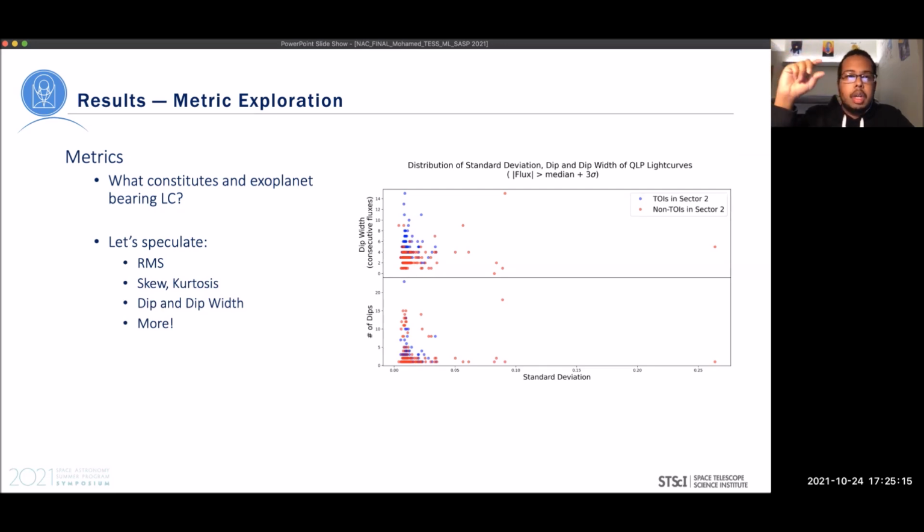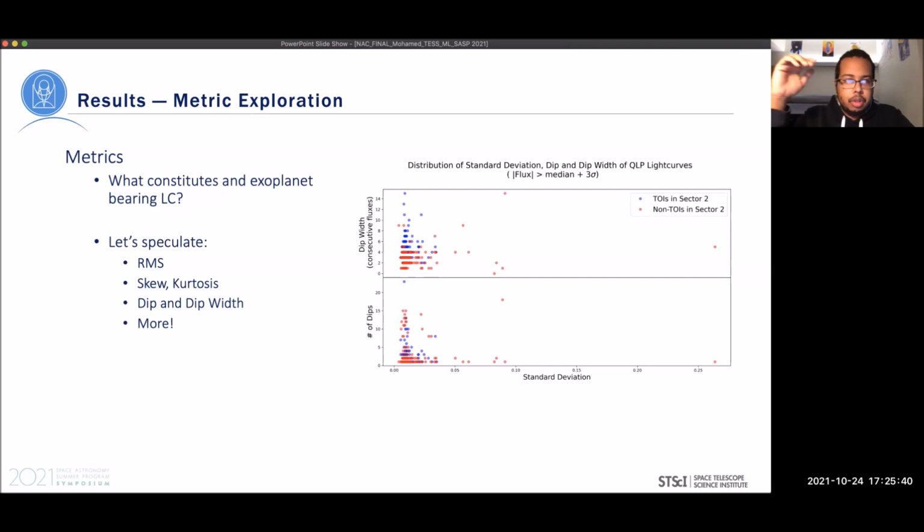And dip width is how many fluxes in a row that is. And then we also consider whether our fluxes' error bars cross that 3 sigma threshold, because you'd imagine a flux with a high error wouldn't really be the best thing to factor into your model. And we pass in other metrics there as well.